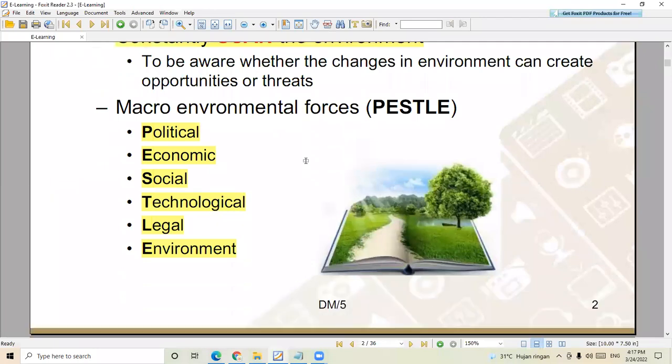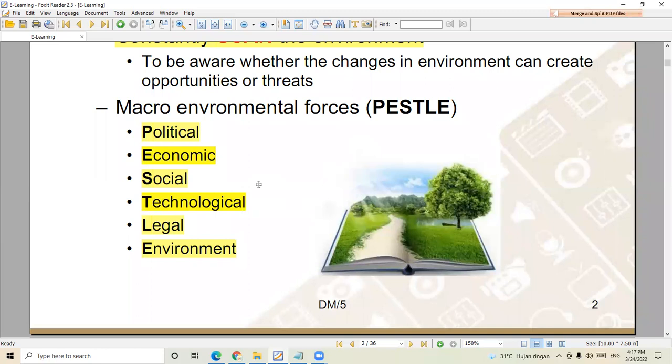According to the book, and I also agree with that, those 2 factors are, first, technological, and the second one is economic.